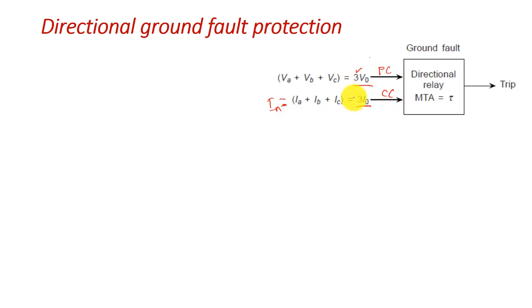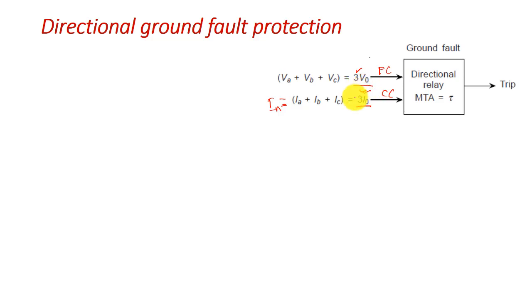And if we feed these quantities, summing the voltage to the pressure coil and summing the current to the current coil, then in order to find this current, we just need to detect this zero sequence current.